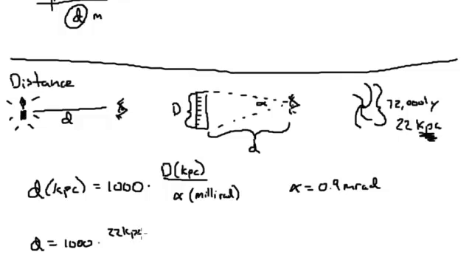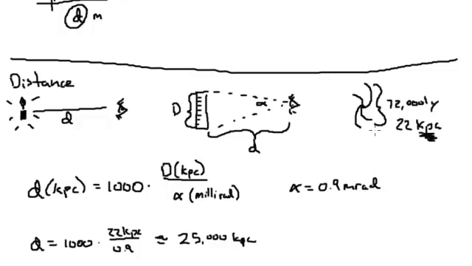Boy, it'd be a lot easier if it was exactly 1 milliradian, because then I wouldn't have to actually divide it. We'll say divided by 0.9. And we'll just do this roughly. So I got a rough calculation here. This is approximately, let's see here, 25,000 kiloparsecs.